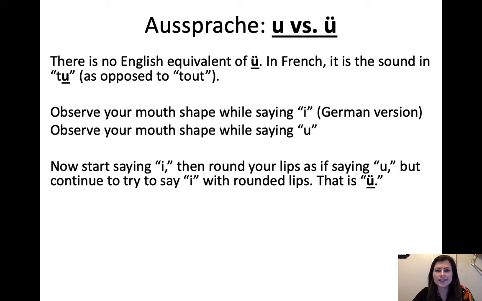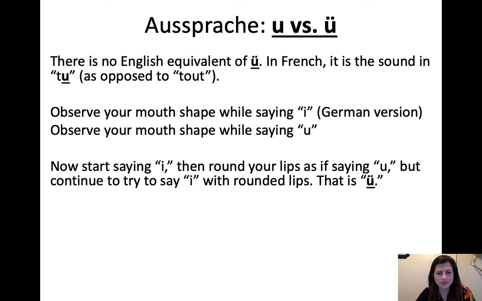So E, Ü, Ü. So you have your lips rounded, but in your brain, you're trying to say E, but you can't say E because your lips are rounded. I don't know why that works. It's just a trick. That's how the brain works. Okay, so get your lips into the Ü shape and then try to say E. And that will give you Ü.